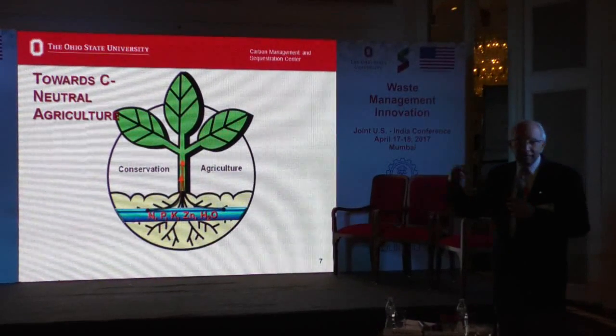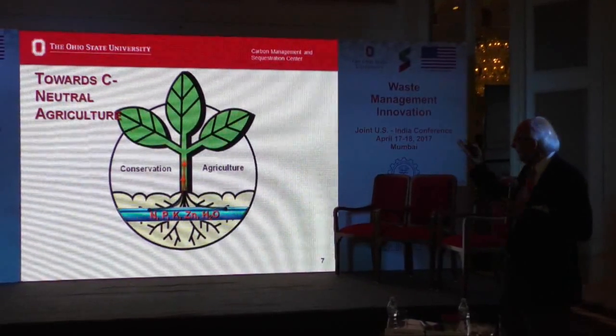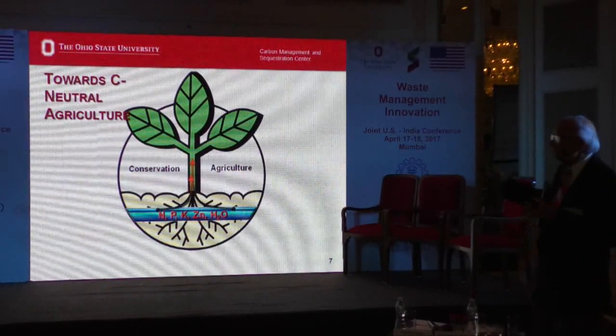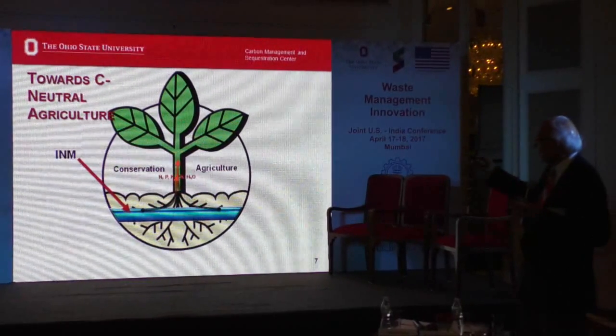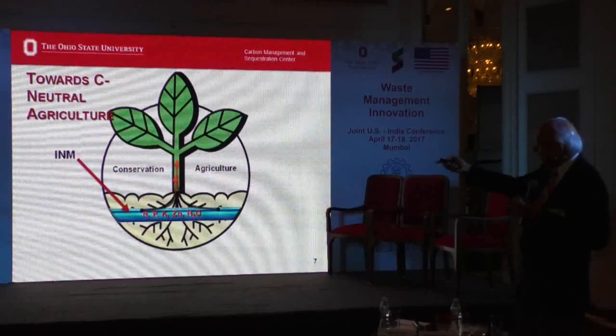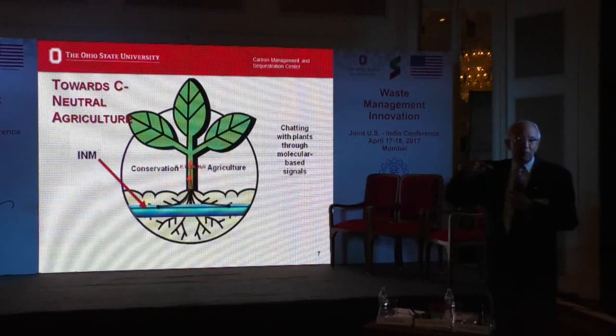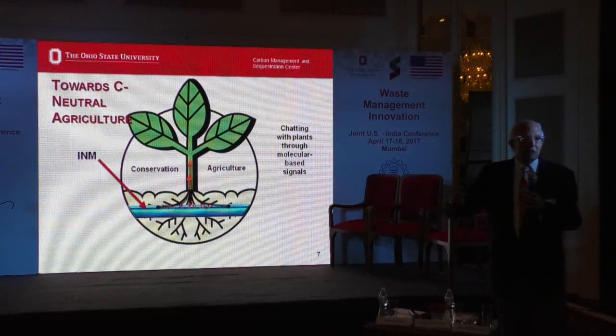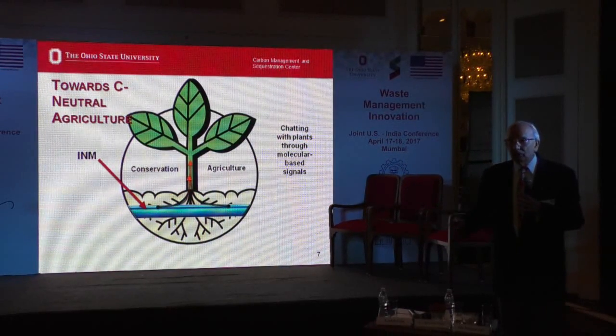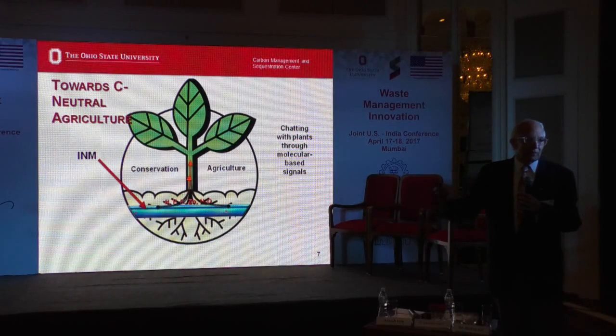Now, here is an example of what the agriculture should look like. You have a plant, and this plant is an improved variety. You are going to adopt conservation agriculture. You are going to have integrated nutrient management. This plant, we should be able to talk to this plant. The plants emit molecular-based signal when it's under stress, when it's a drought stress, or it's a nitrogen stress, or being attacked by insects, or pathogen, or virus.